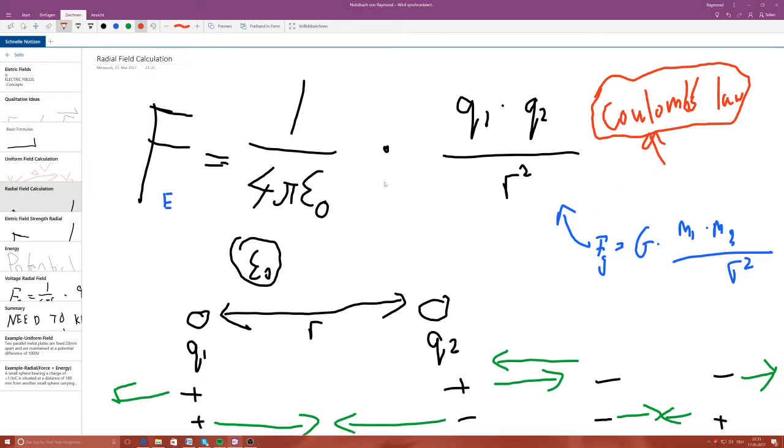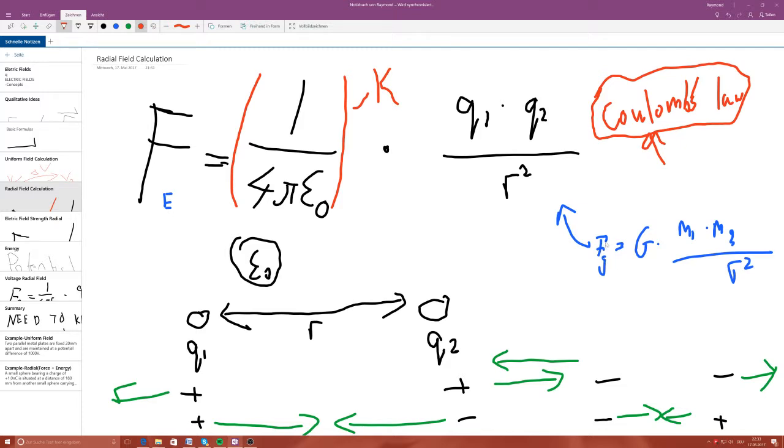A good way to remember it, I find, is that this component here is just a constant, and when you're writing the equation you can refer to it as k, but of course at some point you're going to have to remember that it's 1 over 4 pi epsilon naught times q1 q2 divided by r squared. And a good way to remember it is if you compare it to Newton's law of gravity.